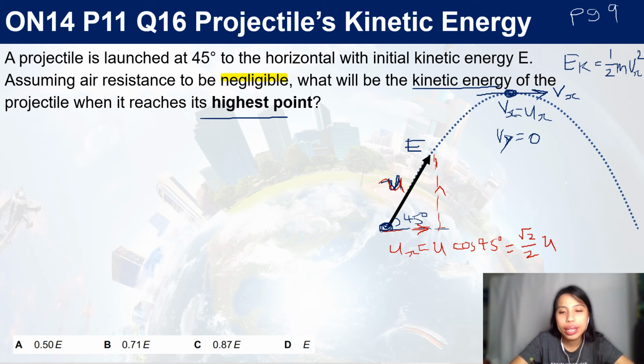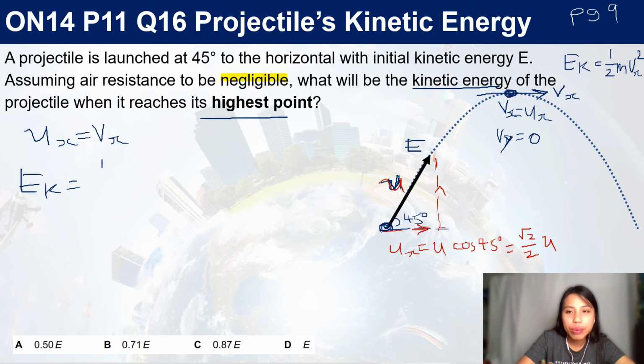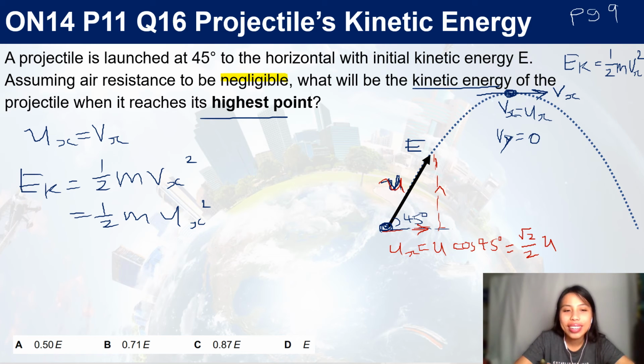Then the vertical, you can find it also, but we really don't need it. The reason why I find the initial horizontal is because the horizontal component of a projectile does not change if there is no air resistance, which means Ux is same as Vx. So the kinetic energy at the highest point we saw was only contributed from the horizontal part, which is also half m Ux squared, which is what we found earlier.